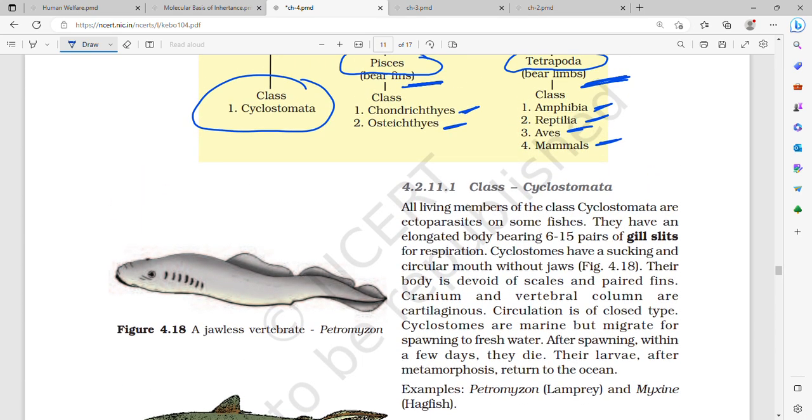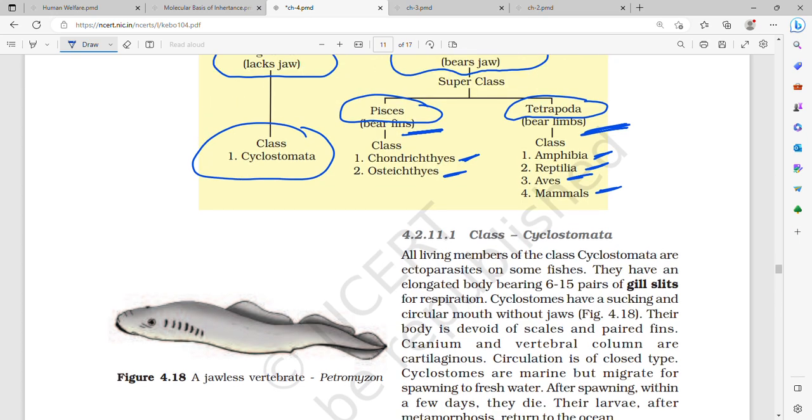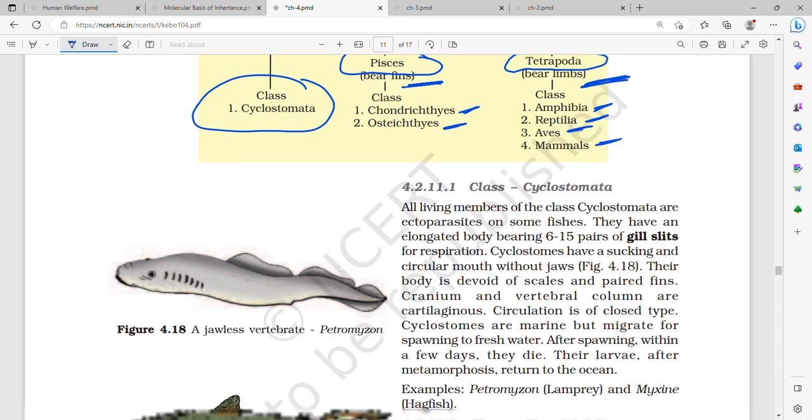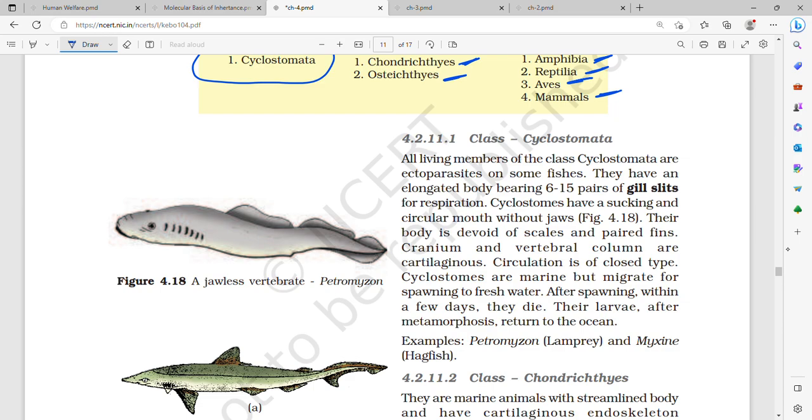Firstly, class Cyclostomata, which comes under Agnatha, not Gnathostomata, that is, they lack jaws. All living members of the class Cyclostomata are ectoparasites on some fishes.